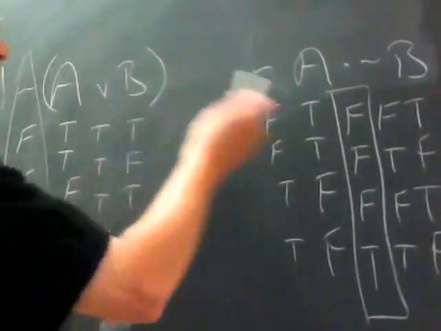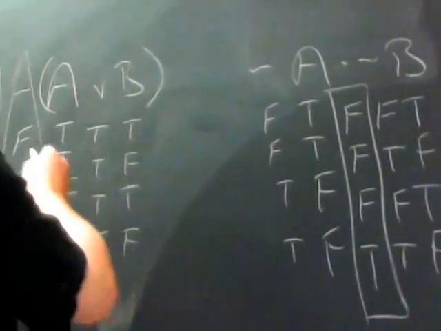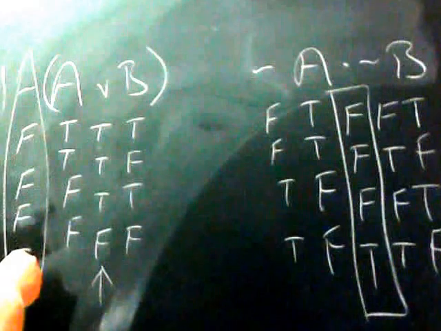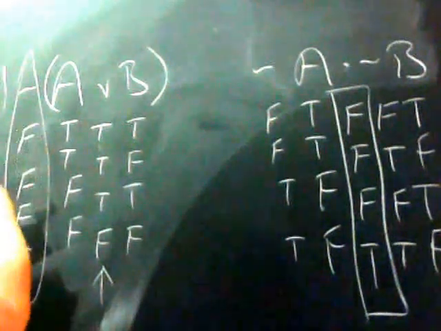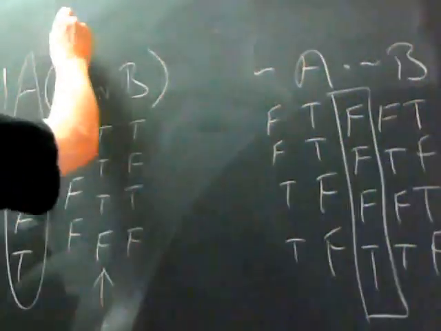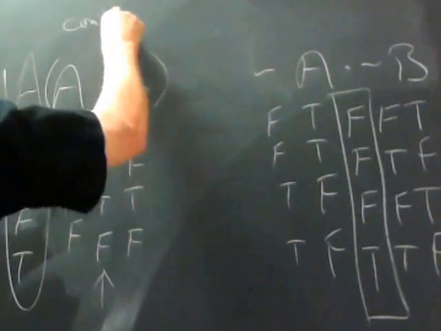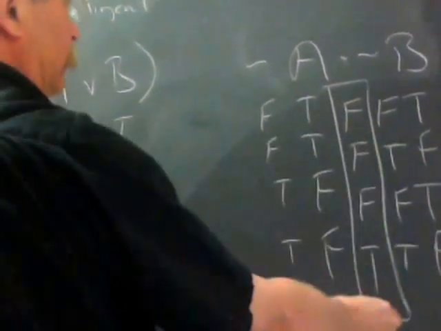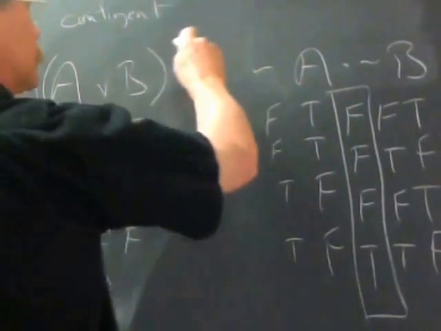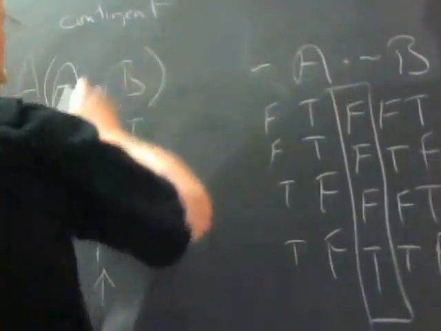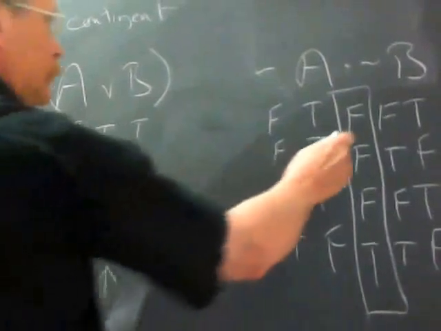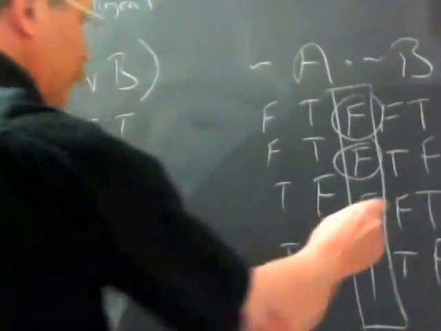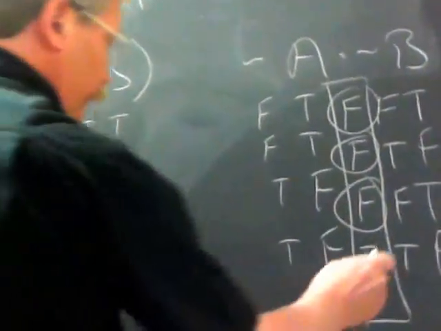Notice, if you look at them, there's 2 things we can say here. One, this is what's called a contingent statement, because sometimes it's true and sometimes it's false. FFFT. On some lines it's true, on some lines it's false. So that's called a contingent statement. And this one's also a contingent statement. Sometimes it's true and sometimes it's false. But it's interesting that this statement and this statement both say the same thing: false on line 1, false on line 2, false on line 3, and true on line 4.